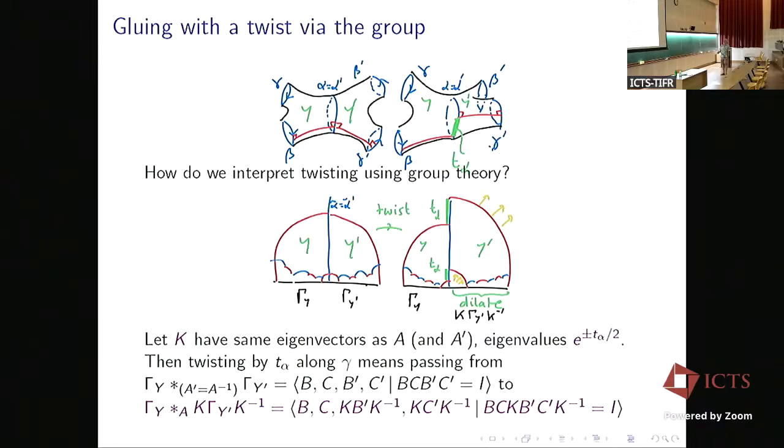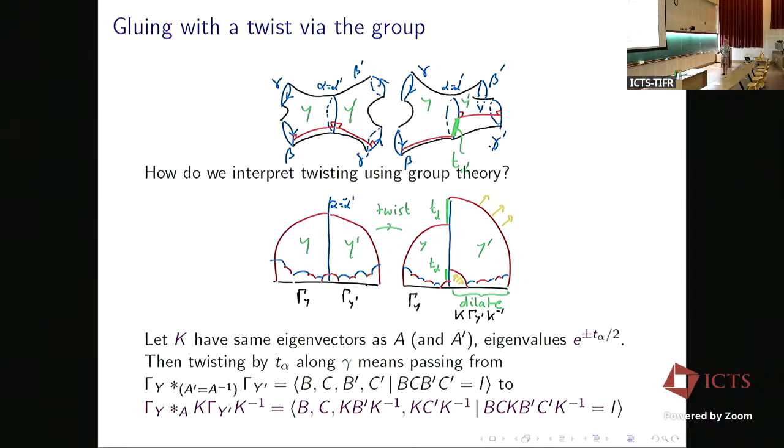Okay, so then if we twist by T alpha along gamma, it means that we pass from this free product with amalgamation to this one here, where I need to conjugate the second group by K, because that's what the dilation would do.